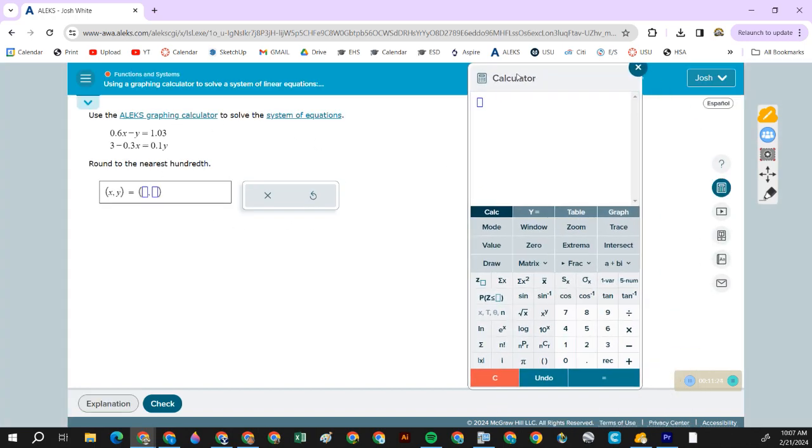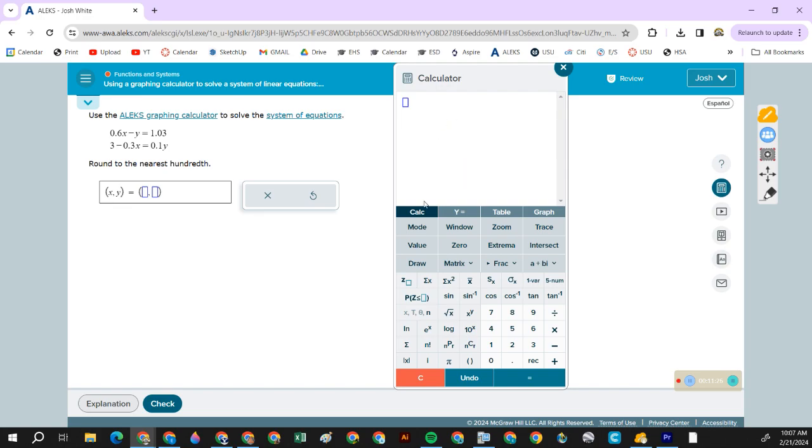All right, Alex graphing. Okay. So I need to move this over and times by -1. So negative 0.6x. Oh, negative 0.6x. And then it would be minus 1.03. Oh, you're right.